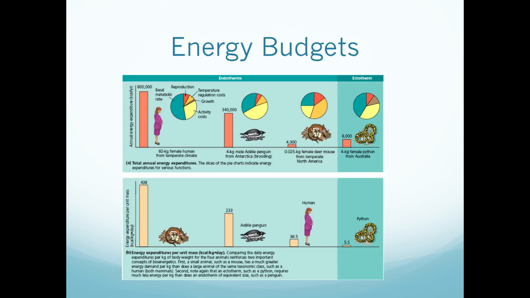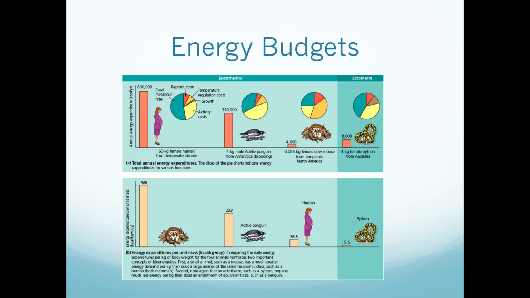Also, for temperature regulation, her metabolic energy is a pretty big cost. Since she's an adult, her growth costs are not real big. For you guys, you'd probably get rid of the reproduction part of the pie and increase your growth, which would be a better representation of you at that same kilogram amount.